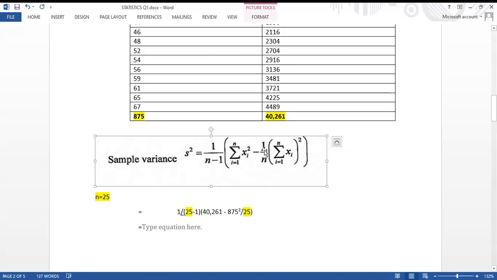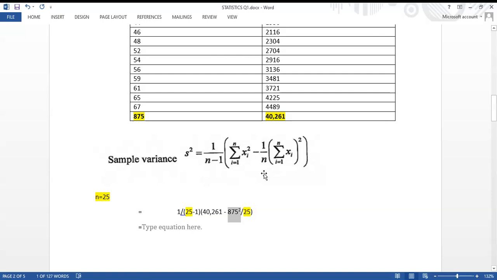As you can see here also we have another 1 over n. That would be 1 over 25. This summation of x, we've put it on the numerator. That's why you have 875 here. We added up all our data values and got 875. So that's the summation of x. Remember, x represents each number.